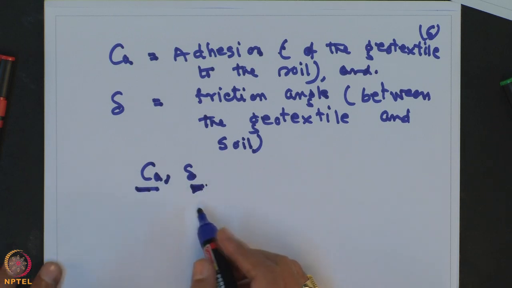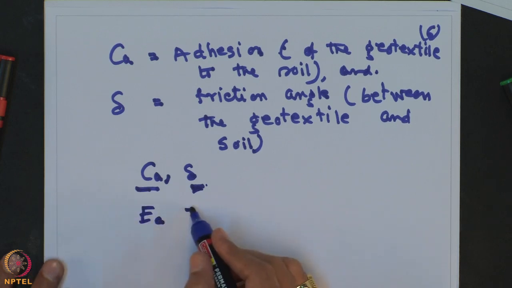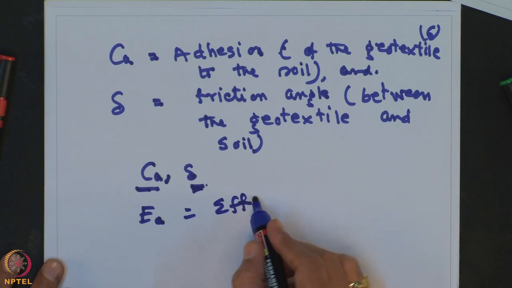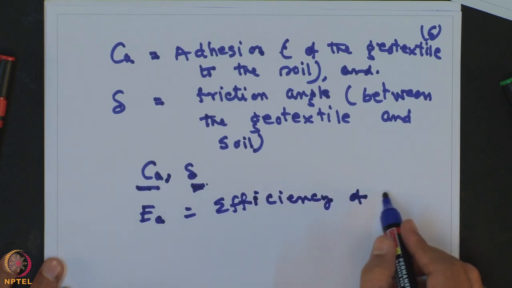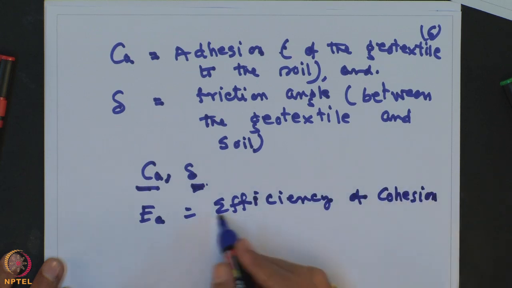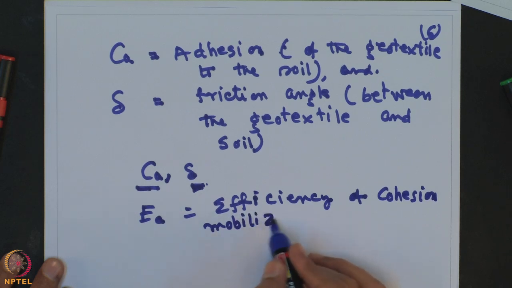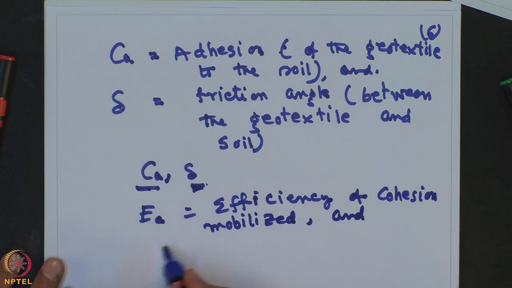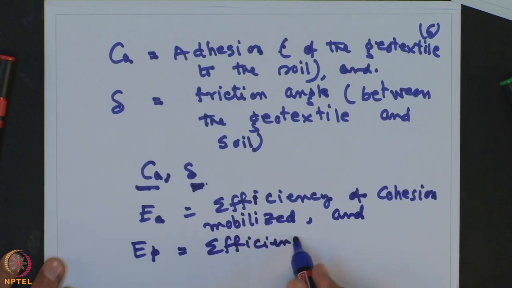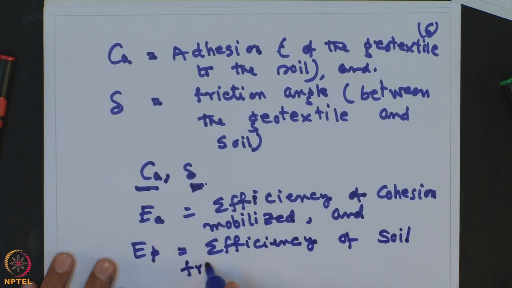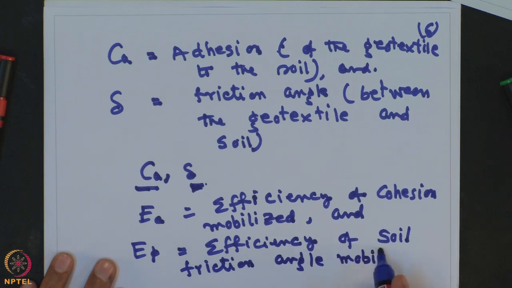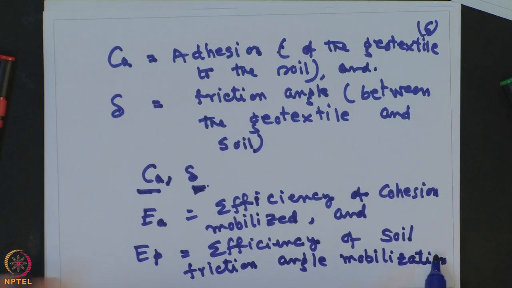And from this you can also determine E of C, that means the efficiency of cohesion mobilized, and E of phi is the efficiency of soil friction angle mobilization.